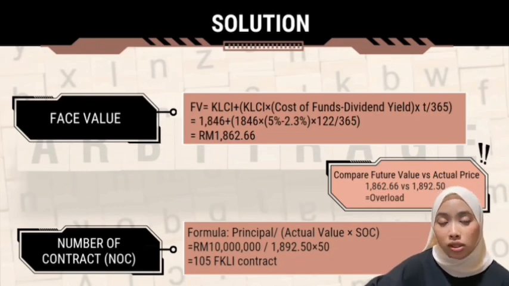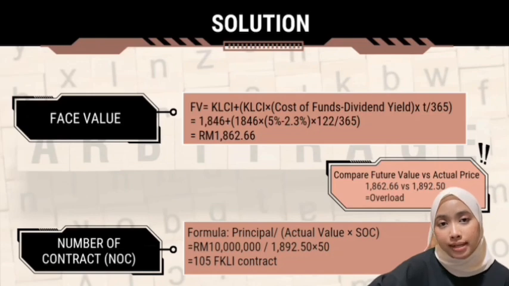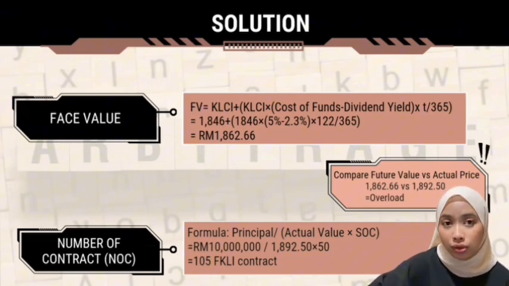So we got 1,862 ringgit 66 cents. Then you have to compare the fair value versus the actual price. The fair value that we have calculated is 1862.66 versus 1892.50, which shows it is overvalued.